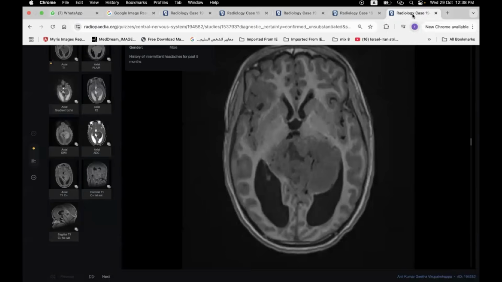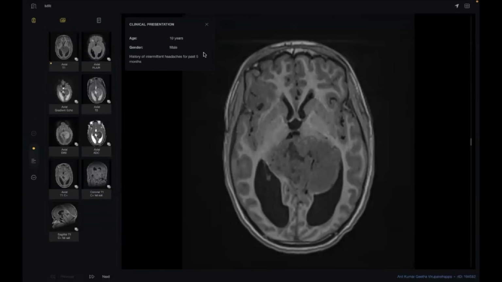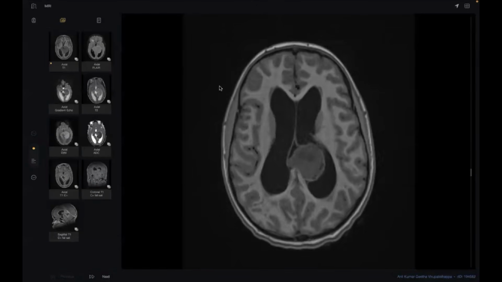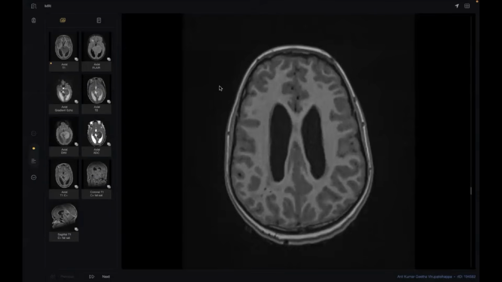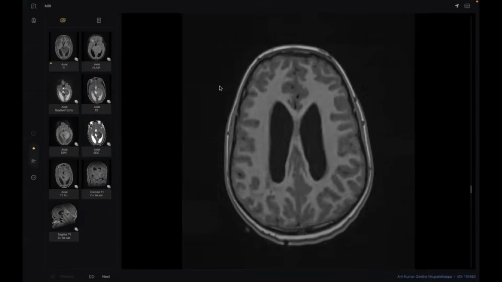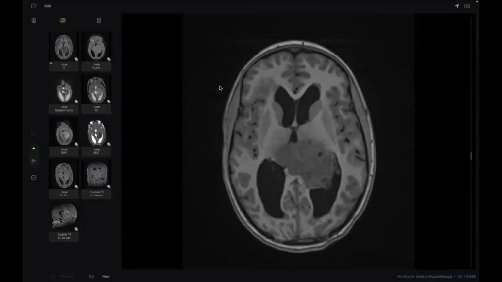Good afternoon, doctor. This is a 10-year-old male patient presented with a headache. I am presented with the axial MR T1 weighted image of a 10-year-old patient who presented with headache.